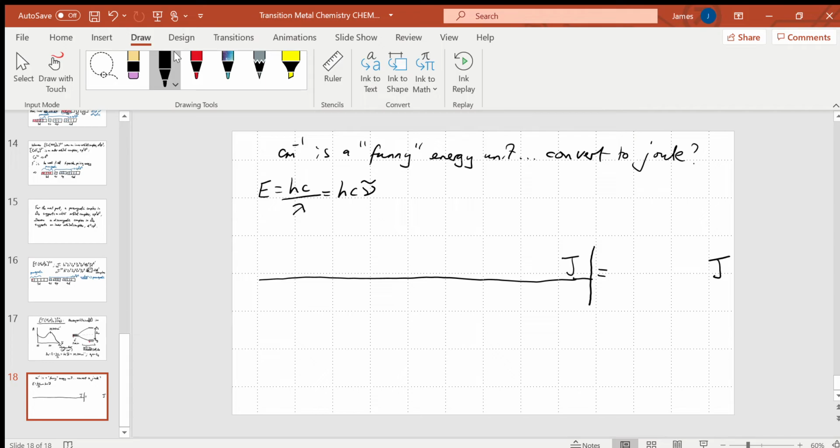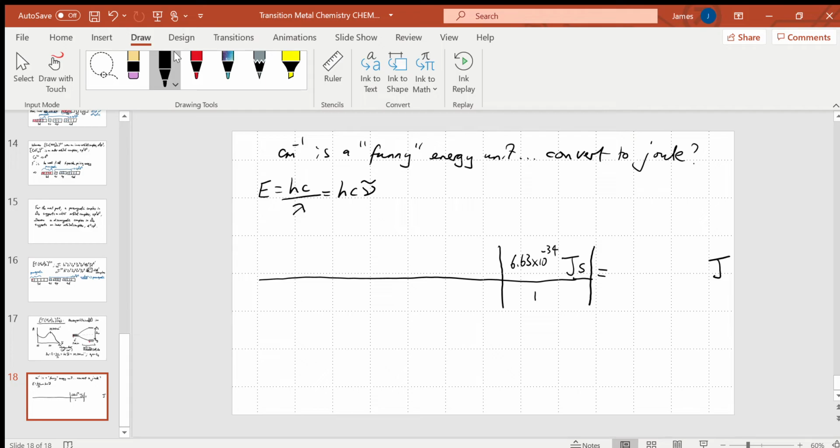Well, I know that my joule unit is going to come from Planck's constant. So we have 6.63 by 10 to the negative 34 joule seconds. That's Planck's constant. That's just our input. I don't want to set it equal to something, but it's my source of joules.